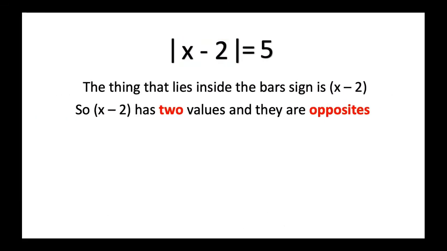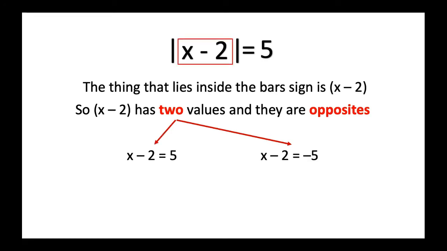For the first equation, we have x minus 2 equals 5, and for the second one, x minus 2 equals negative 5. 5 and negative 5 are opposites.